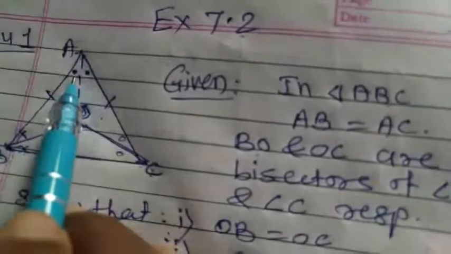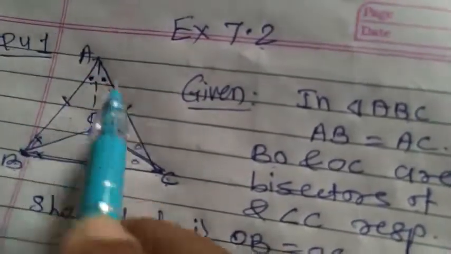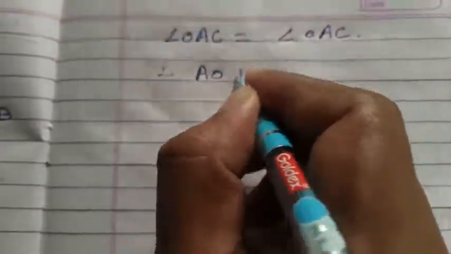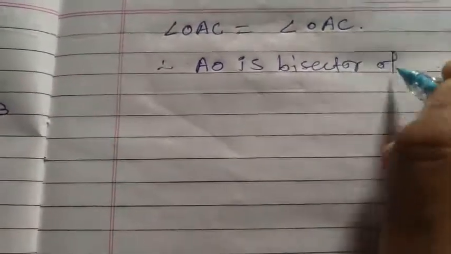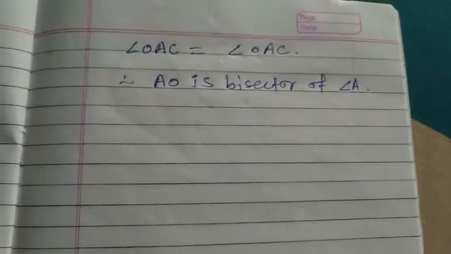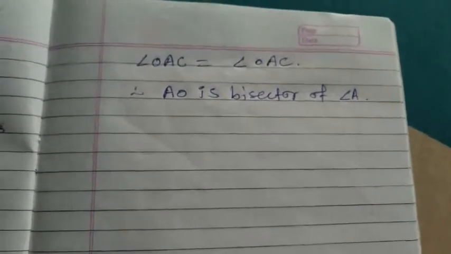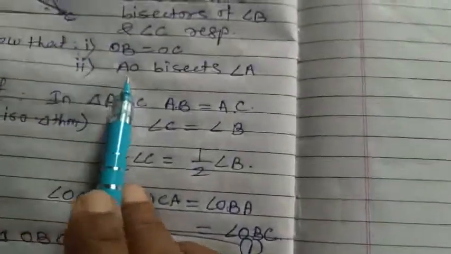Angle OAB and OAC are equal, means AO is the bisector of angle A. Therefore AO is the bisector of angle A. This thing we have to prove here. OB is equal to OC, which is already proved, and the second part, AO is the bisector of angle A, is also proved.